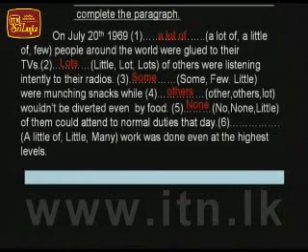Now we go on to the sixth blank. This sentence also begins with a blank. A little of, little, many. Work was done even at the highest levels. Now work is an uncountable noun. For an uncountable noun, you cannot use the determiner many. You can't say many work.